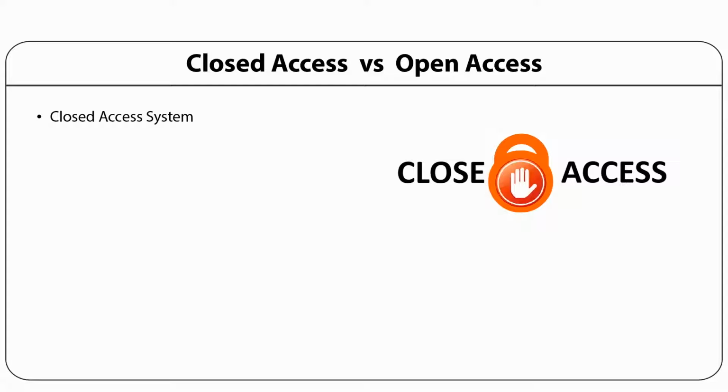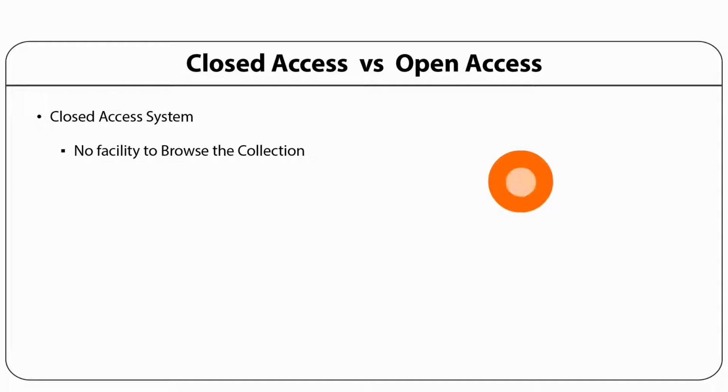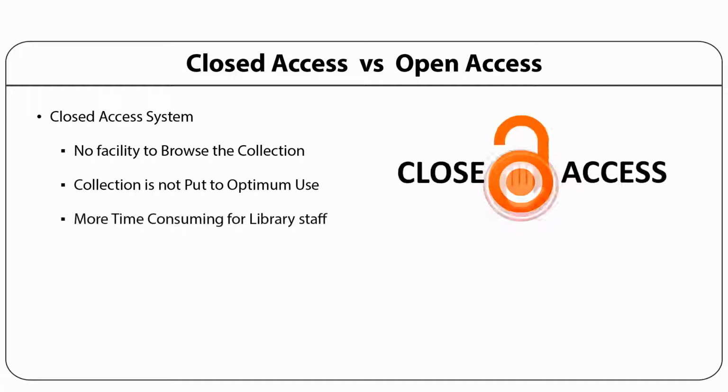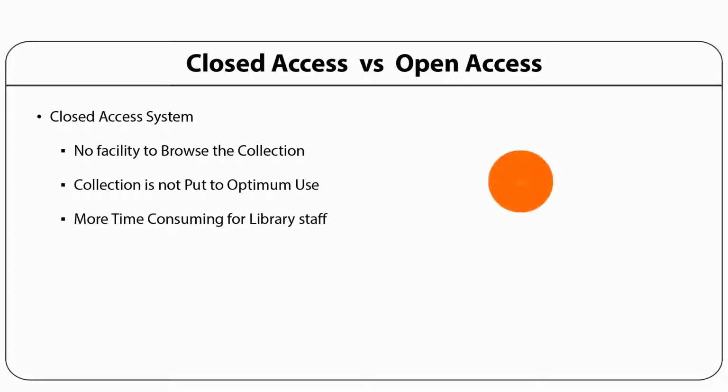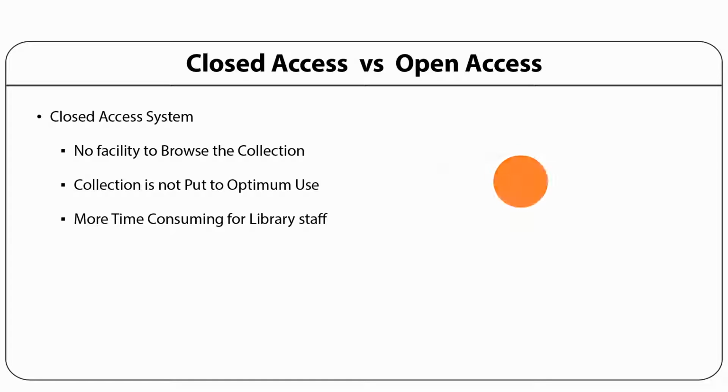Firstly, if a book is not available, then there is no facility to browse the collection and select an alternative. Secondly, as there is no browsing facility, the collection is not put to maximum use. Thirdly, the library staff's valuable time is wasted in searching and bringing books required by the user.